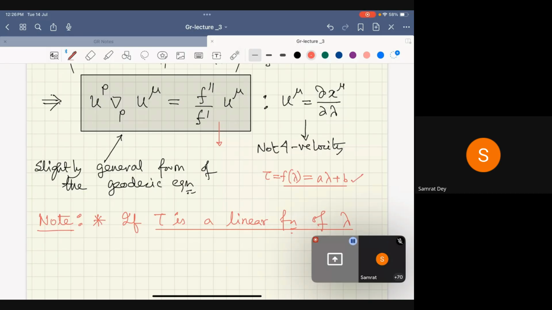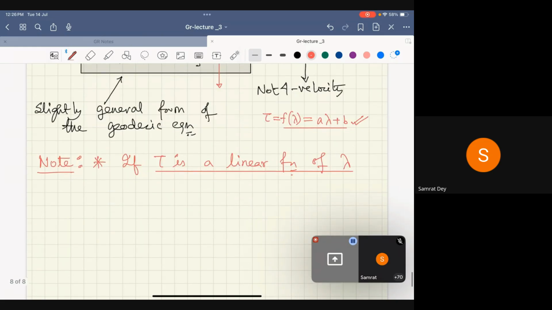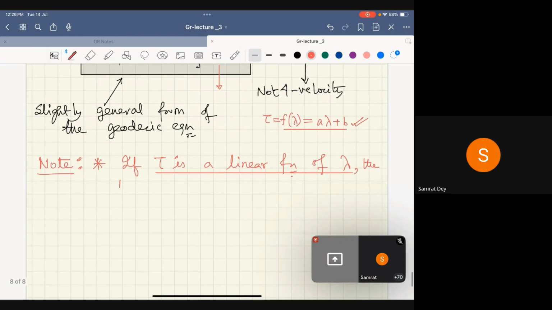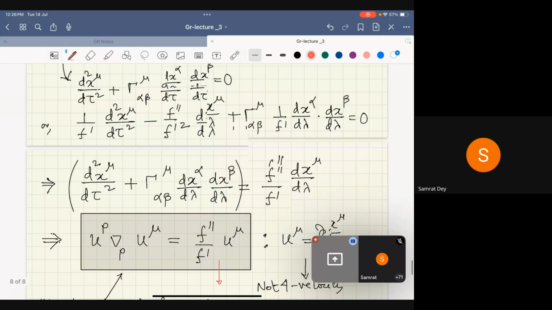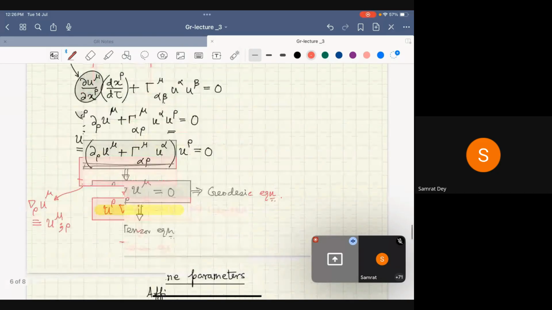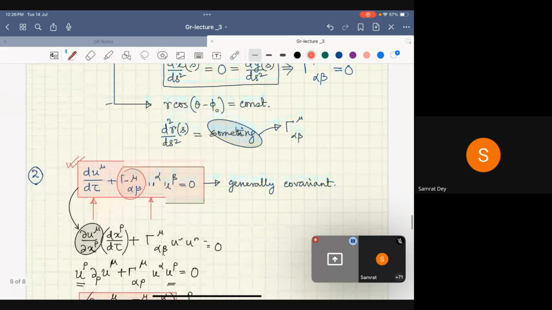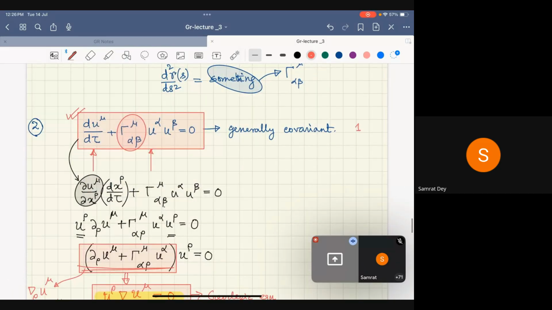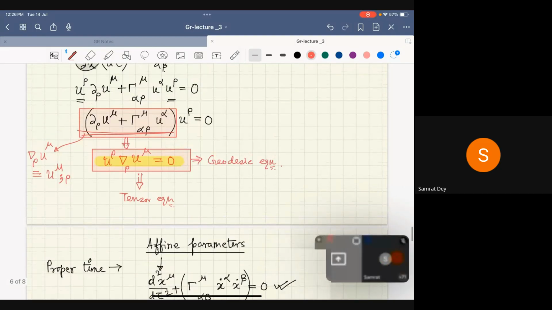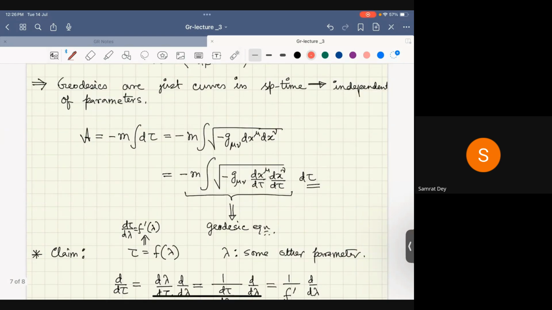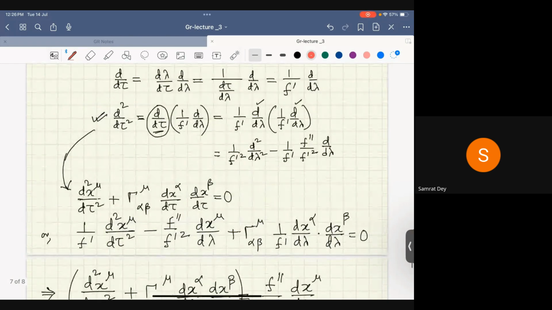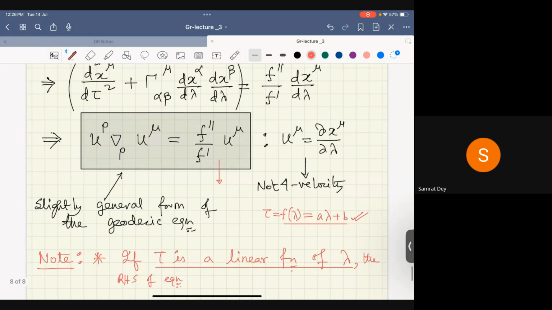So therefore, if tau is a linear function of lambda, the right hand side of equation, let me number these equations now. Suppose this I number as equation 1, this I number as equation 2, and then this is equation 3.